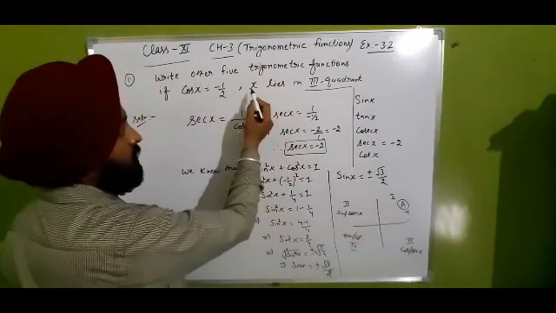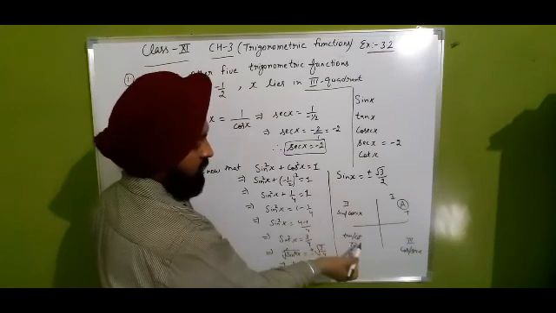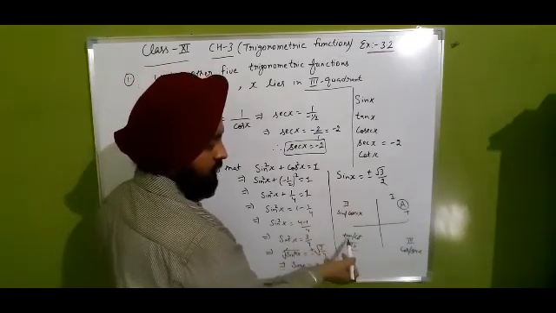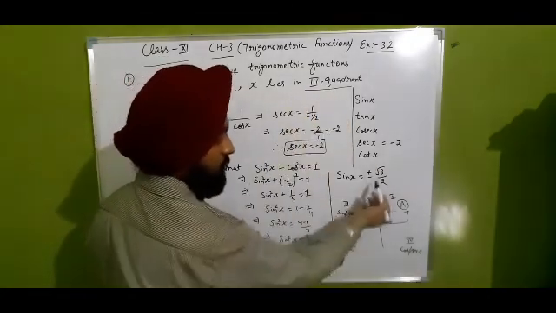So sin x in the third quadrant, positive or negative? In third quadrant only tan and cot are positive, so sin x will be negative.